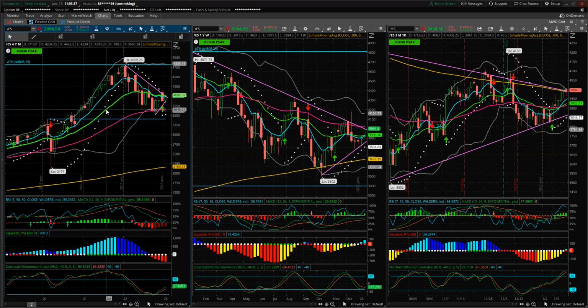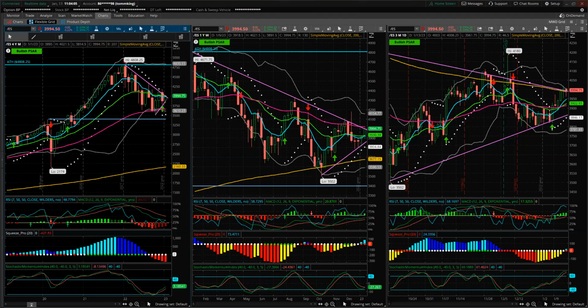The neon green is a 21 EMA, and the hot pink is the 50 EMA. So I'm using the EMAs here. This down here in yellow is the 200 standard moving average, a simple moving average. I did not use an EMA for that. That's it. I'm only using those 3 indicators.